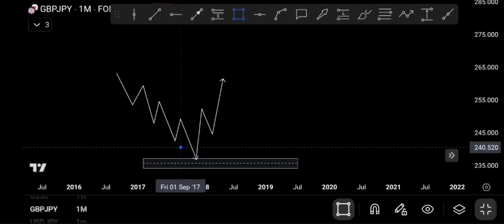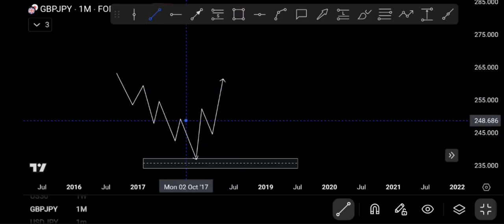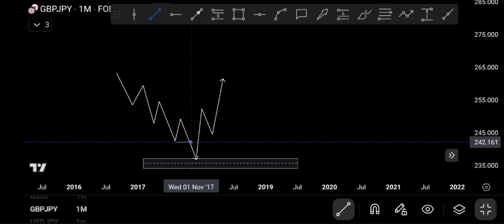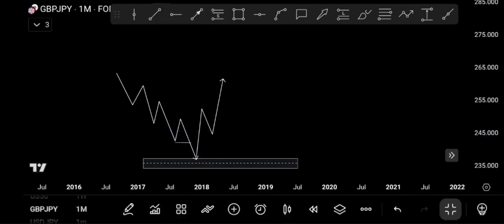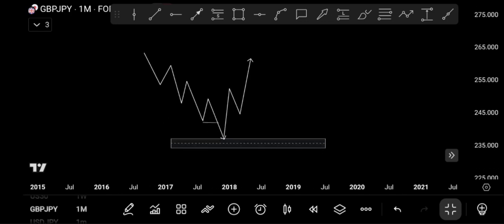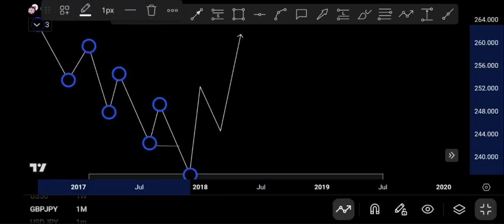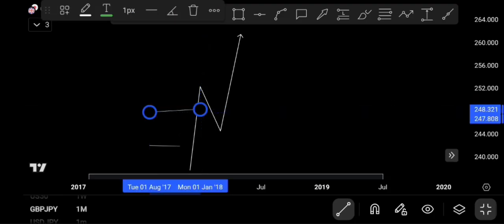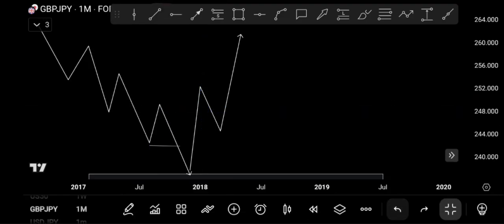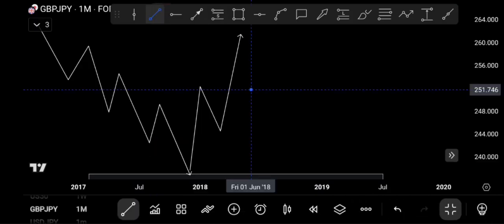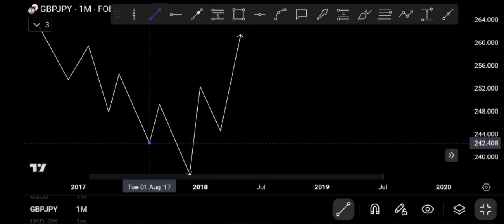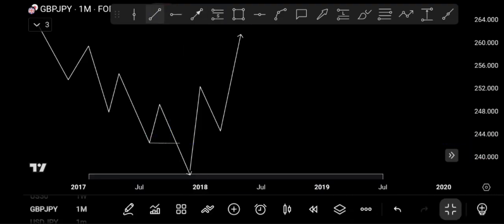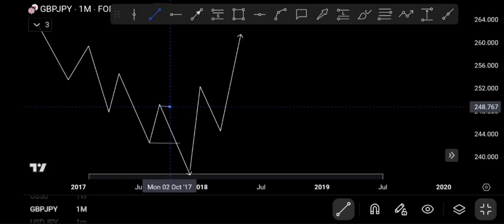Swept liquidity here. Swept liquidity here, and what? And gave us a break of structure to the upside.